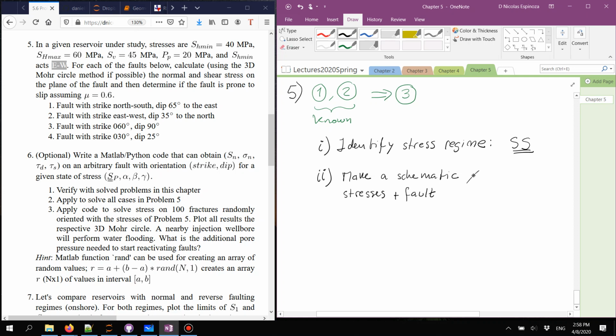And this could be either a block diagram in 3 dimensions, or it could be a top view diagram. And in this case, we're going to use a block diagram because one of the horizontal stresses is aligned with the east-west direction. So let's go ahead and do that.